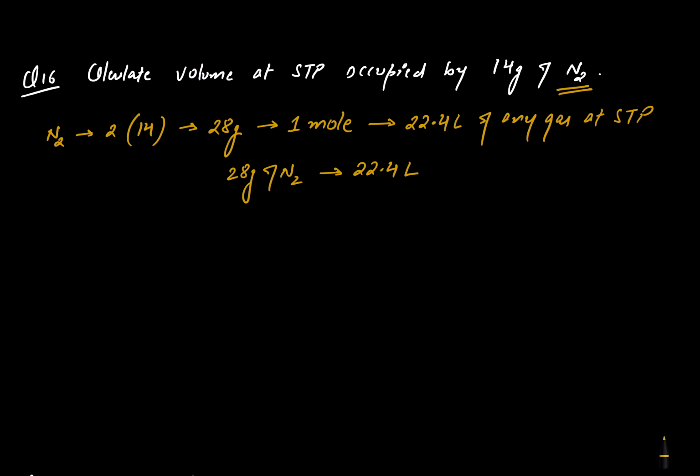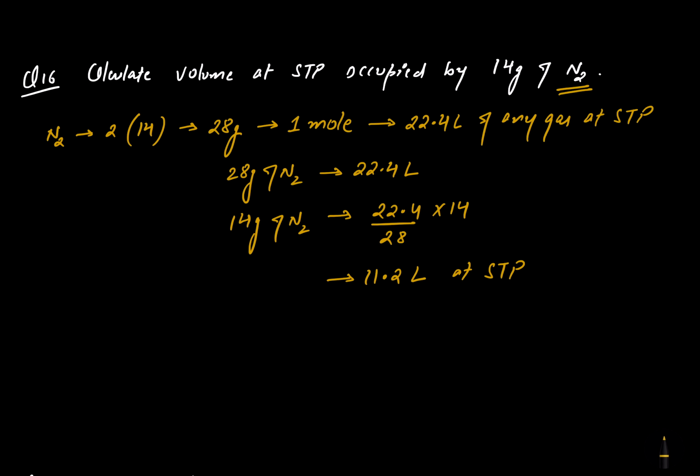So 14 gram of nitrogen will occupy 22.4 divided by 28 into 14, and it comes out to be 11.2 liters at STP. So I got the volume of nitrogen, that is 11.2 liters for 14 gram of nitrogen.